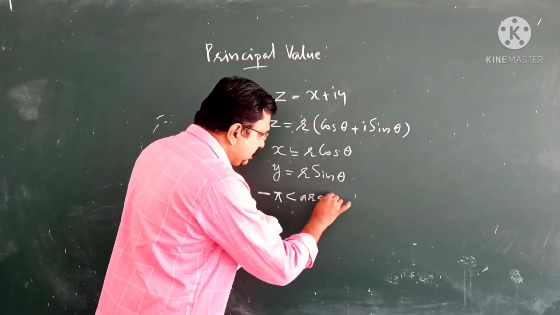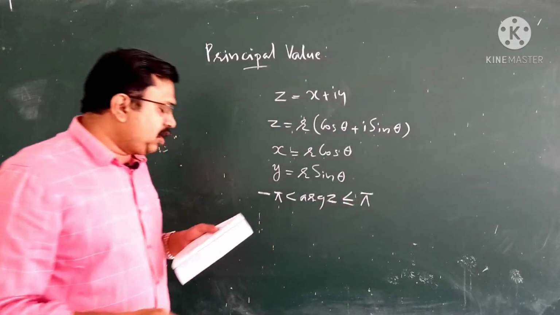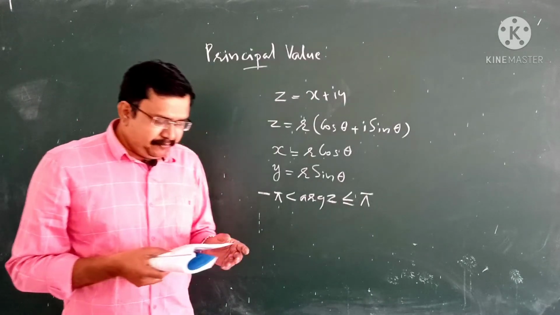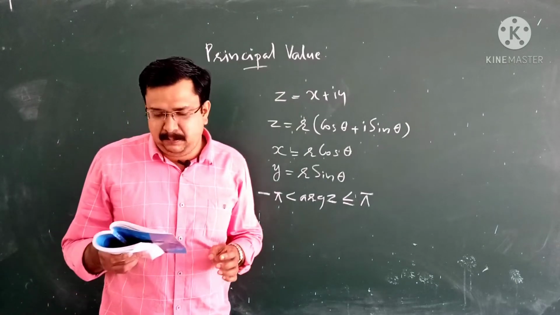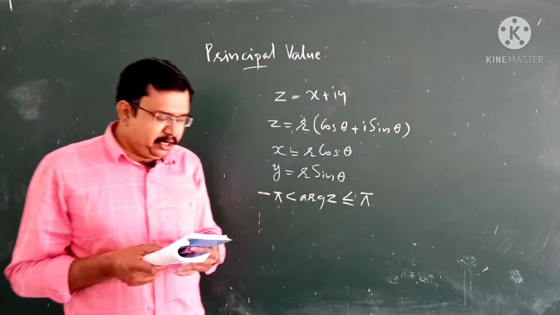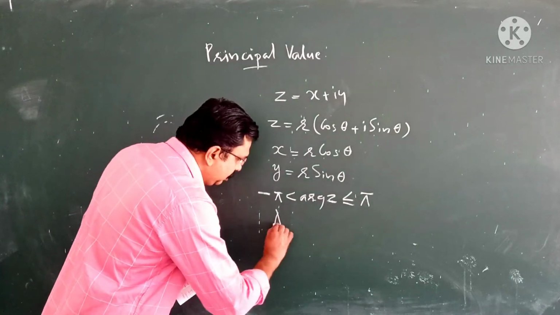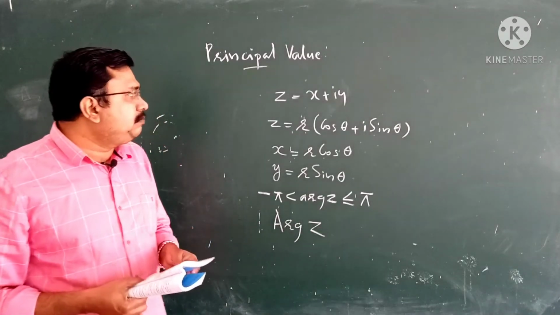Then the unique value of argument of z such that minus pi less than argument of z less than or equal to pi is called the principal value, or its another name is principal amplitude of argument z, and is denoted by arg z. Okay. Remember that principal value.